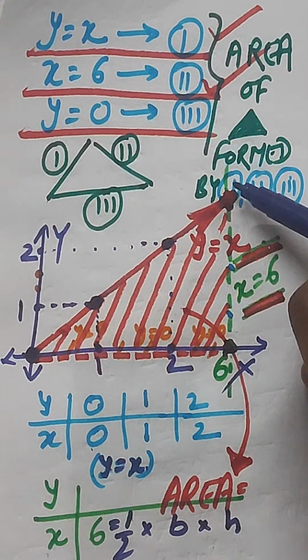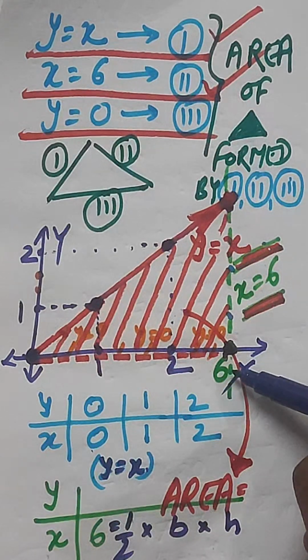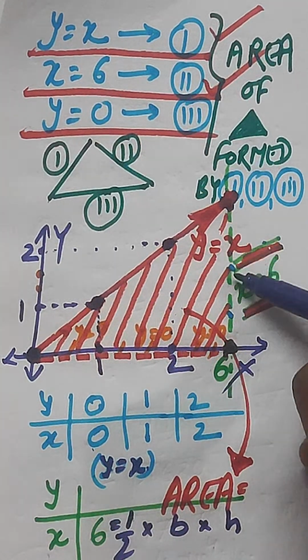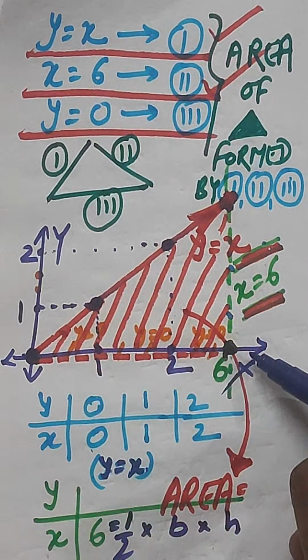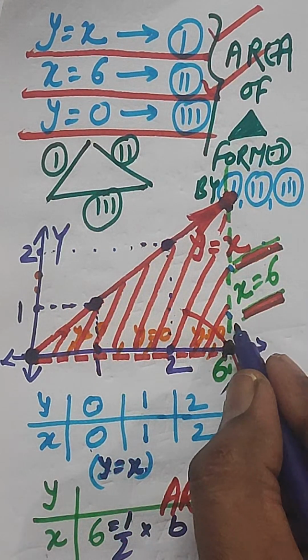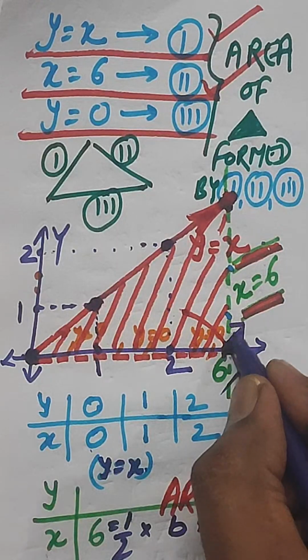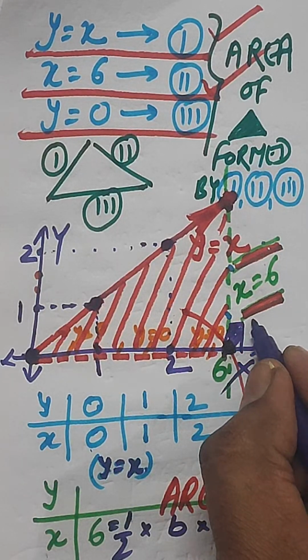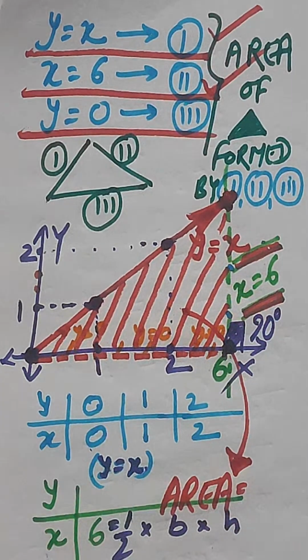You can see at x equal to 6, this is standing perpendicular to the x-axis and parallel to the y-axis. So we can say that this angle is 90 degrees. This angle is nothing but 90 degrees.